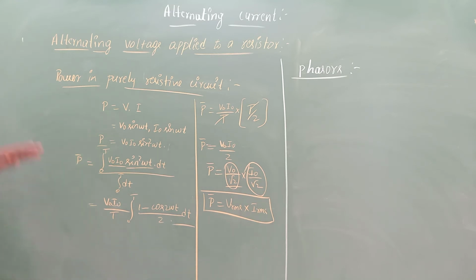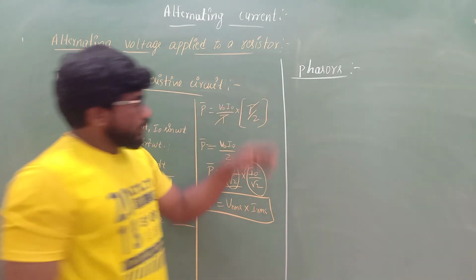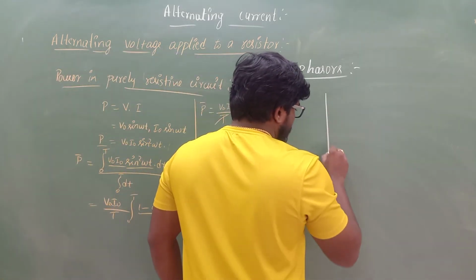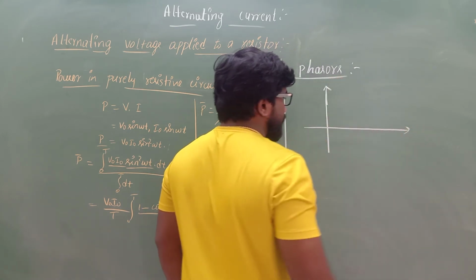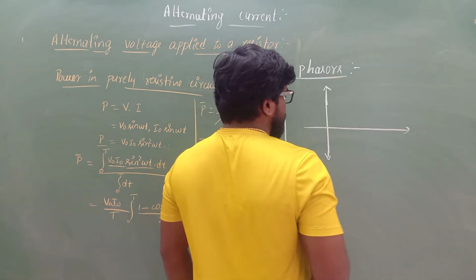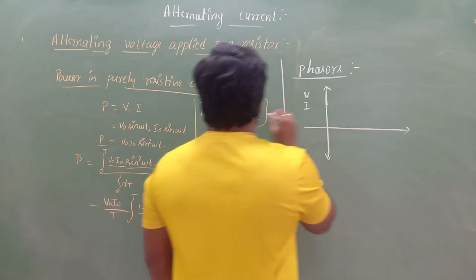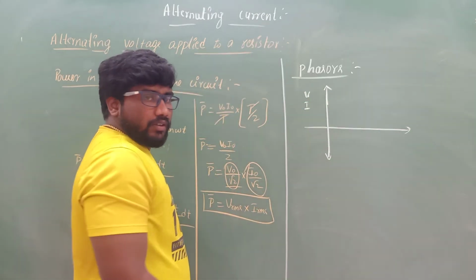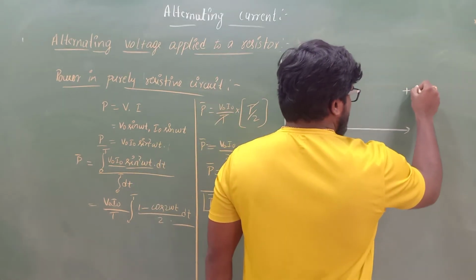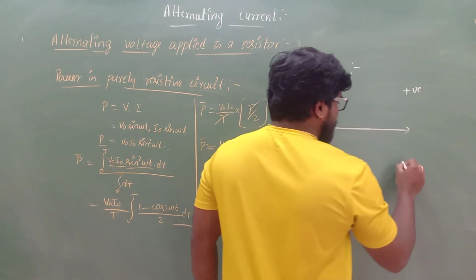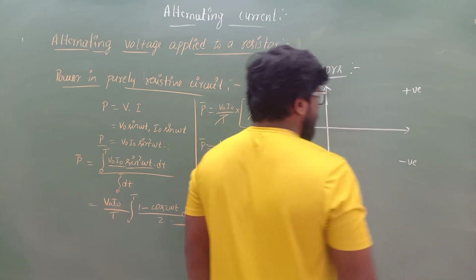See, if we take the coordinate axis, let me take V and I for this. This portion we can take as positive, and this complete portion you can take as negative.